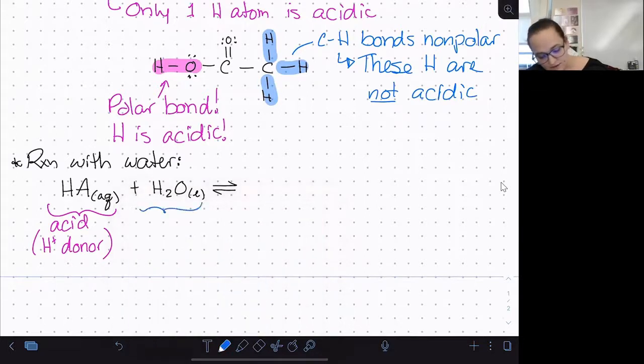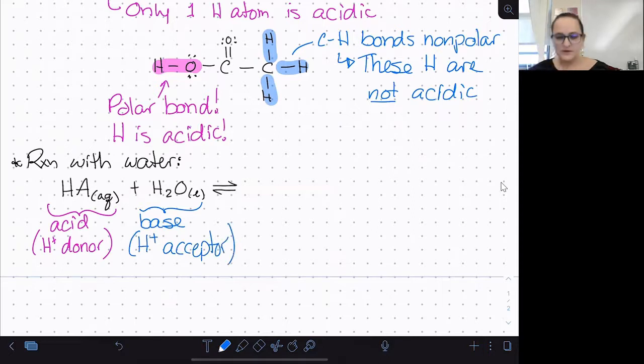So in this situation, water is functioning as a base, and bases, which we'll discuss in more depth in the next video, are hydrogen ion acceptors. So the acid is going to give H+ to water.